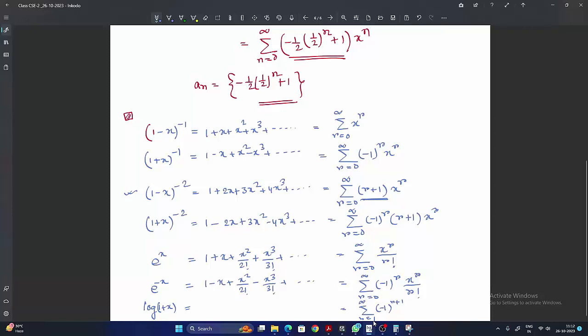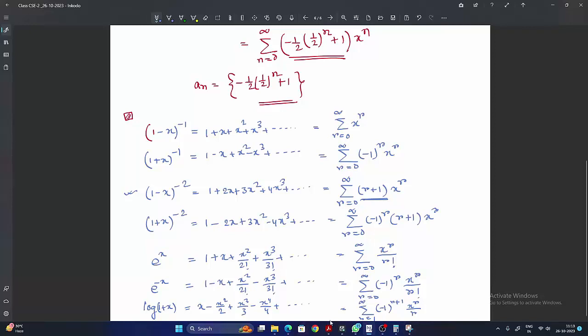That makes the first term positive, and you get x to the power r by r, because the first term is actually x. Then you will get minus x square by 2 plus x cube by 3 minus x to the power 4 by 4, and it will continue. For r equal to 1 the term is positive, x to the power 1 by 1, then corresponding to 2 it will be negative, x to the power 2 by 2, like that.